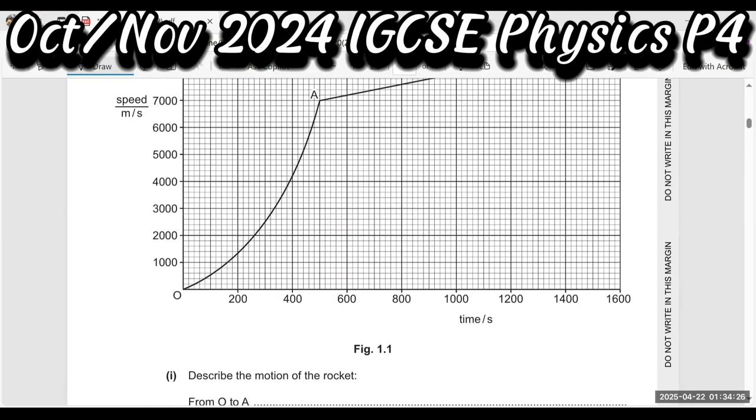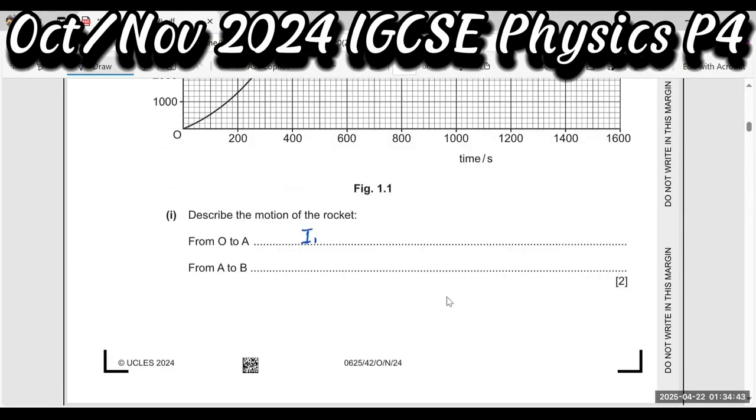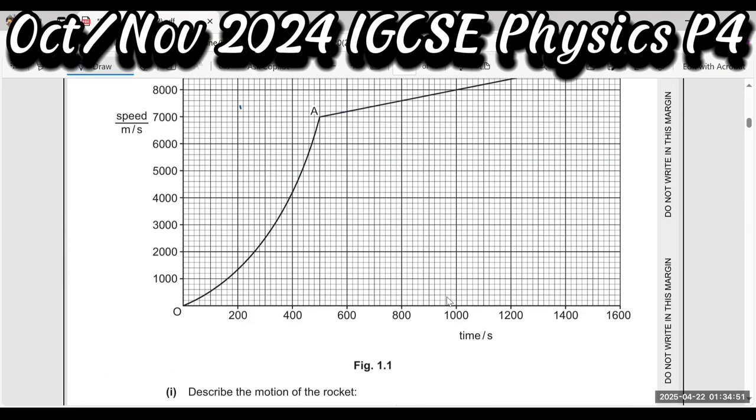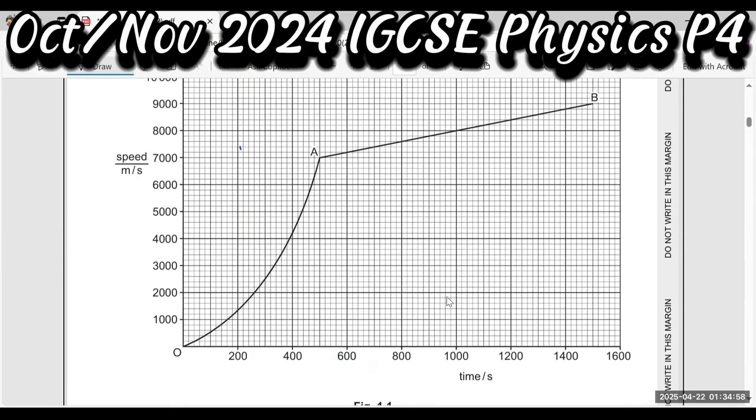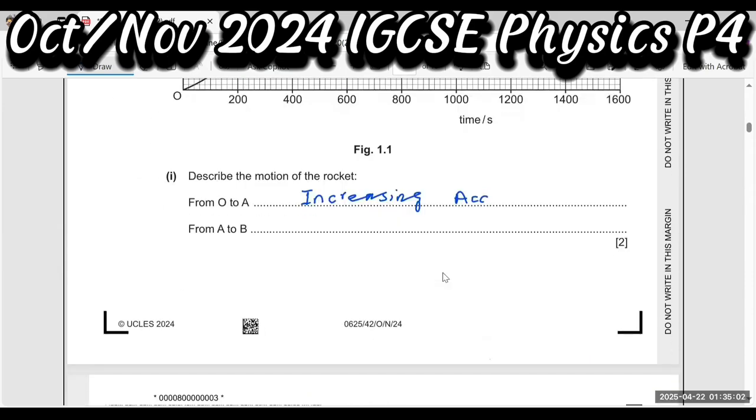So it is increasing acceleration. And from A to B, you can see that the line is not curved, the speed is changing slightly with time. It's a straight line, so it is a constant acceleration or uniform acceleration.